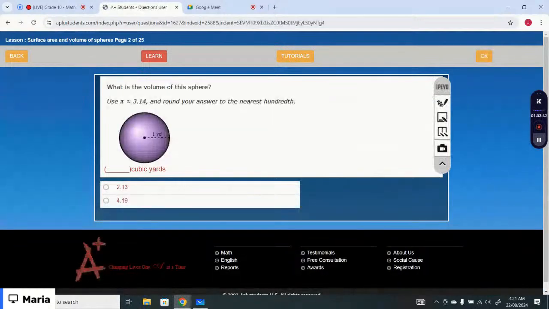Okay, the next one is what is the volume of the sphere?